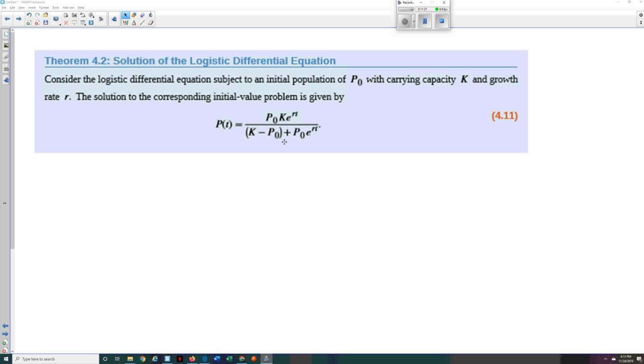We didn't exactly show that in our solution, but I think it'd be pretty easy to see that. Hopefully you kind of make sense of what's going on here.